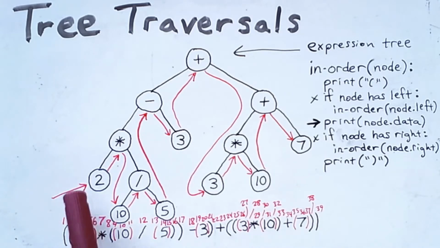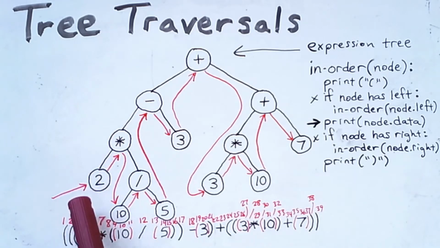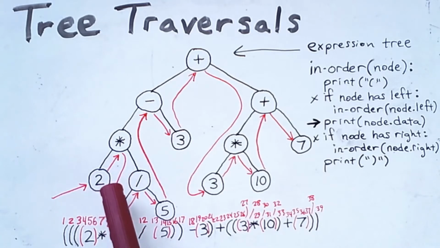We go all the way to the leftmost child first, before then going up and printing that node's parent, and then we handle the right child or the right subtree, but within each subtree that we print, we always go all the way to the left first.